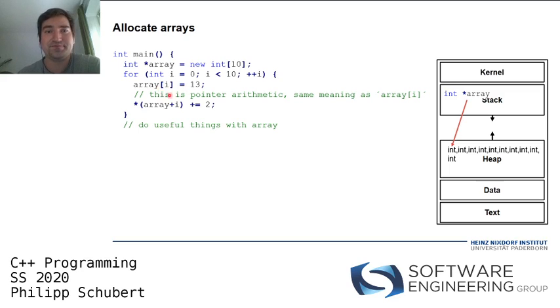And how you could also write it, or how you would actually need to write it, is using pointer arithmetic. Pointer arithmetic is the following thing. You have your variable array, which is a pointer variable which points to the integer. So the contents of array is an address.